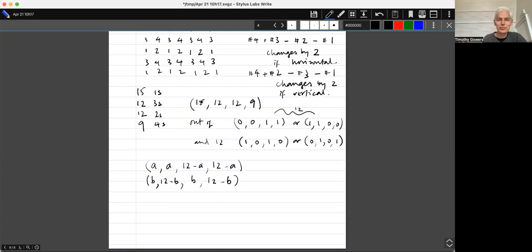So A plus B is 15. 24 minus A plus B is 9, which I know anyway, so those two equations are dependent on each other.